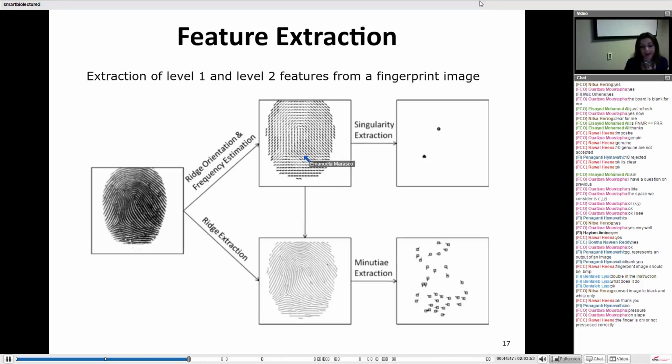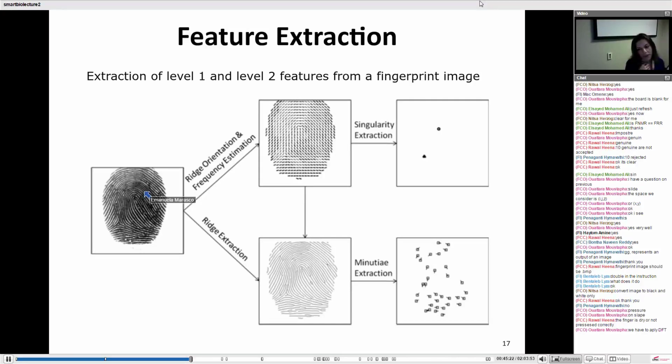So how many of you remember? So who remembers the type of singularity point that we can encounter in a fingerprint? I can give a suggestion. We have one singularity point in this area. Which one is this singularity point? Because we are going to extract this point. So it's important now that you remember them. So any idea about which singularity point do I have in this local area?